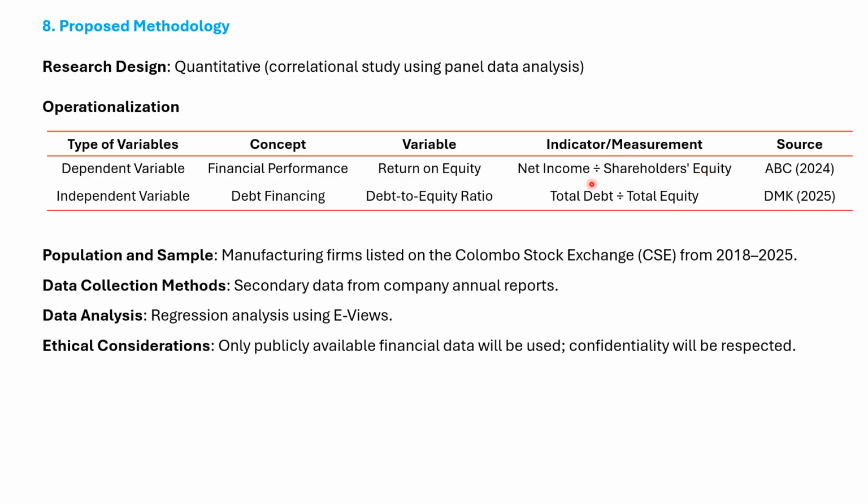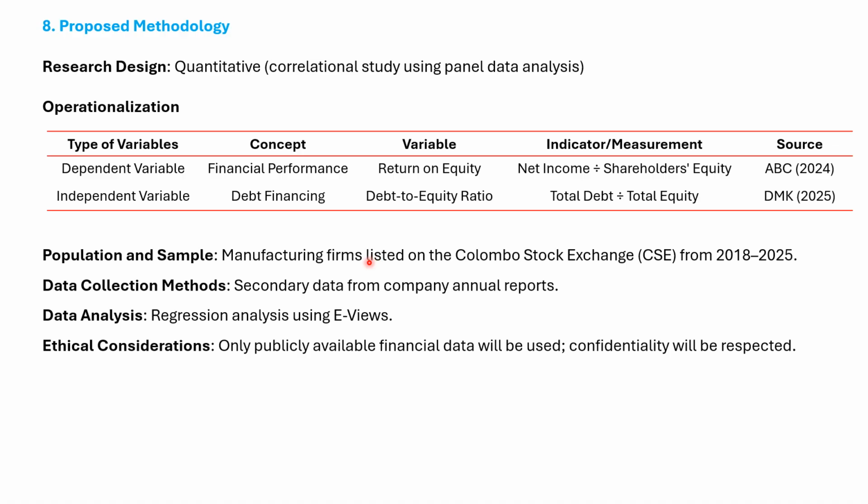Likewise, you can say. And then you need to identify your population. That is simply according to our research topic, the listed manufacturing companies in the Colombo Stock Exchange, and you need to provide the date that you're going to gather data. And from these manufacturing firms, you need to determine your sample.